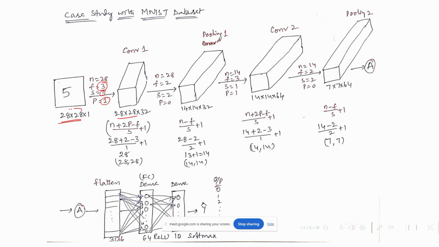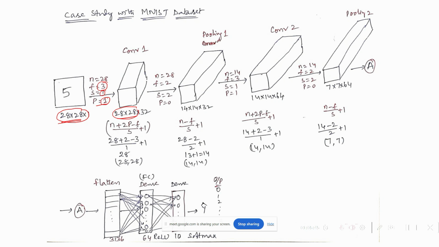The input image is 28 by 28, and we get an output image of 28 by 28 only. This is done with the help of padding. Based on the different applications, we can change the values of stride and padding, like that. Ultimately we are going to get a better output.